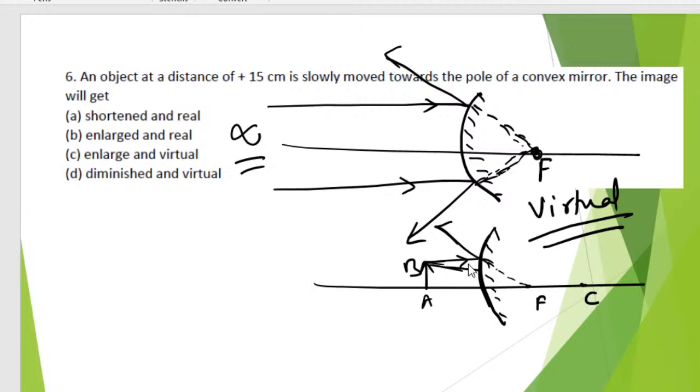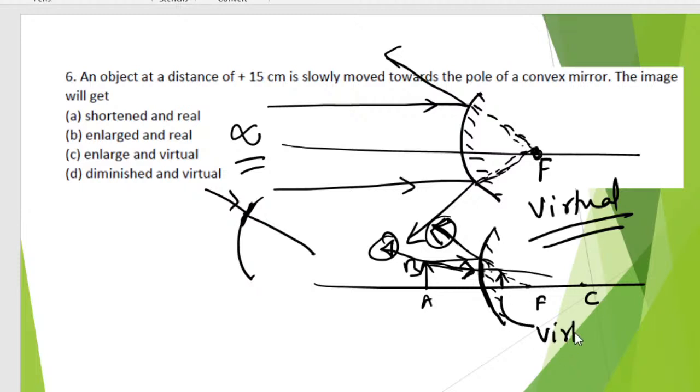If you extend it, it will go to the C point. It is falling normally, because all radii are normal to the surface, so it will bounce back. These are the reflected rays; if you extend them, they meet at this point. Again this image is a virtual image only, and it is smaller in size, which is called diminished.